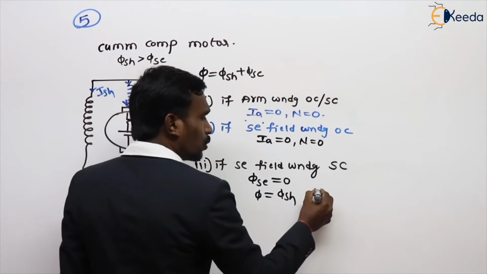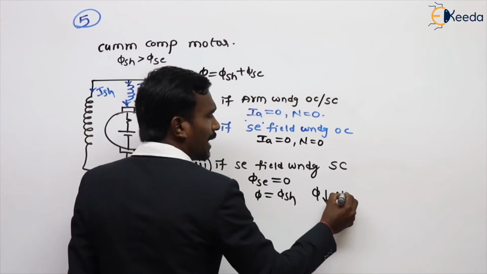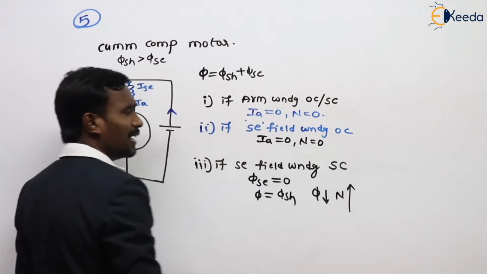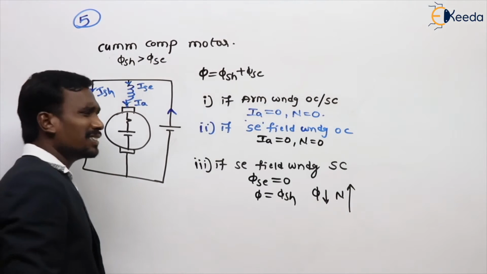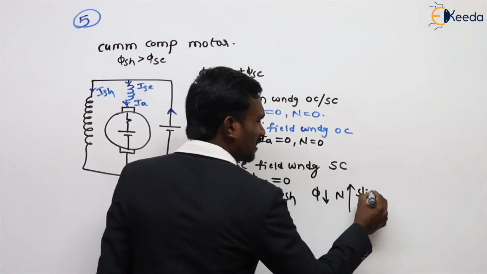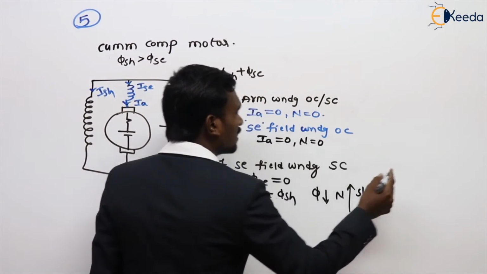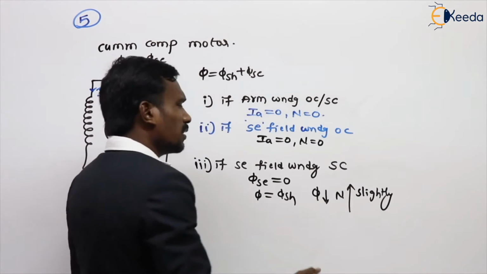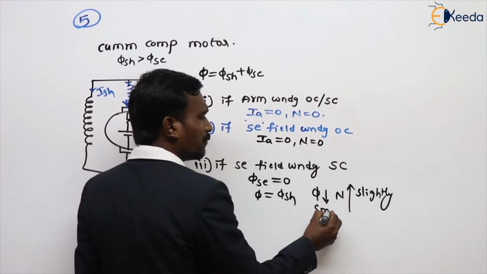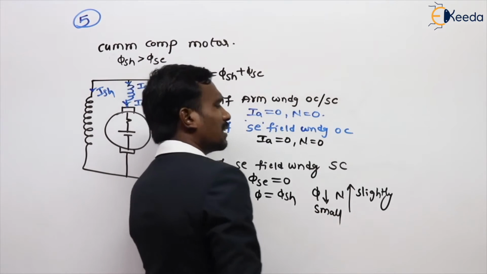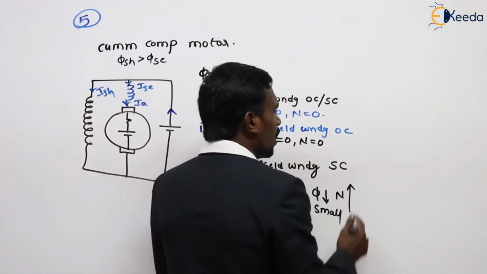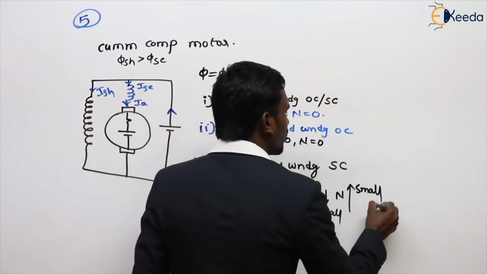The total flux decreases and the speed increases. How much increases? Slightly, just slightly, because phi SE is a small value. This is a small decrement in flux, and a small decrement in flux leads to a small increment in the speed.